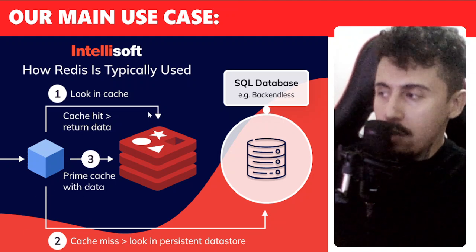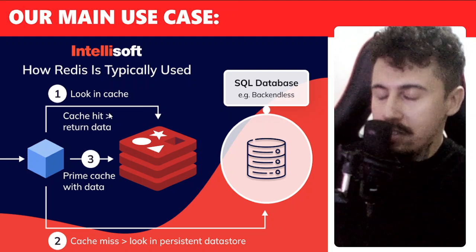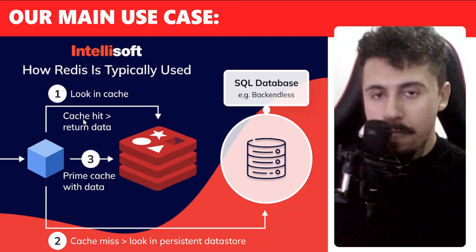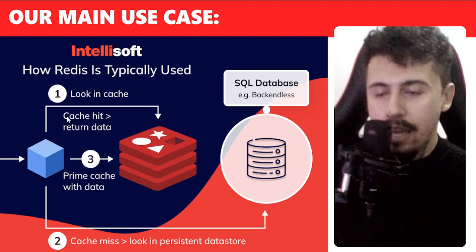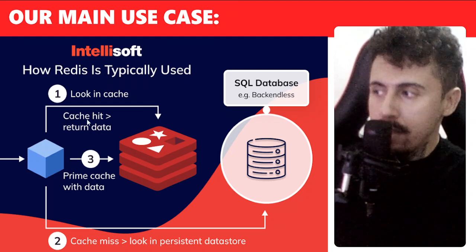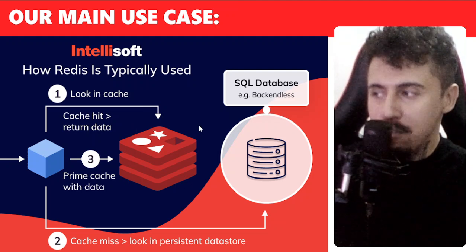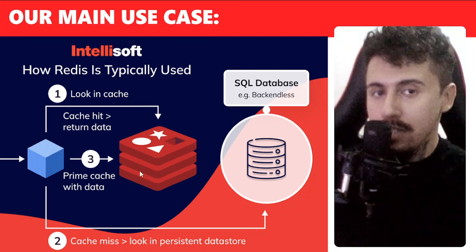When we look into the cache and an event that we call cache hit happens, what is a cache hit? It's an event that is returned when the data that we expect is stored in the cache, in the memory.